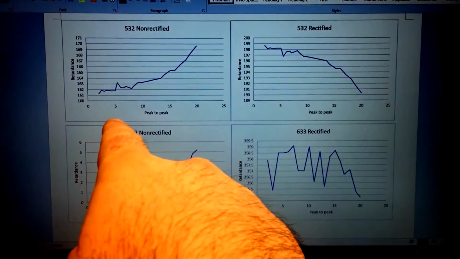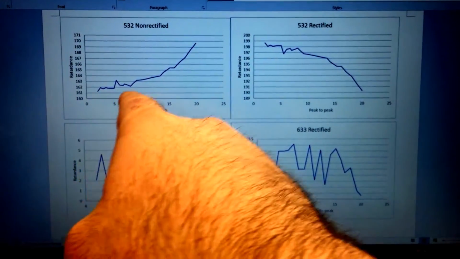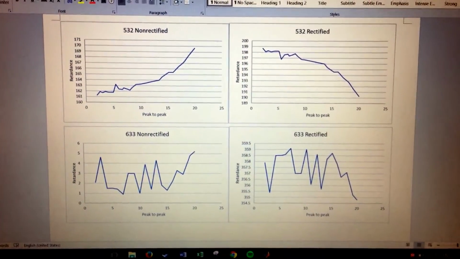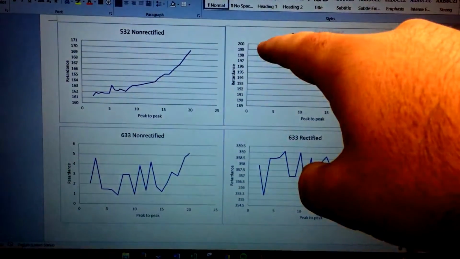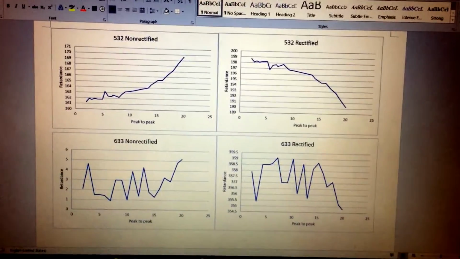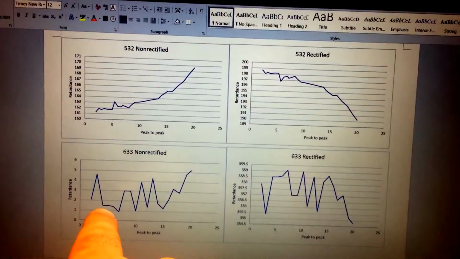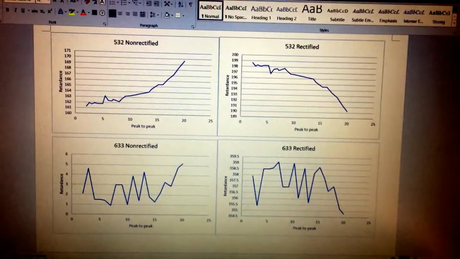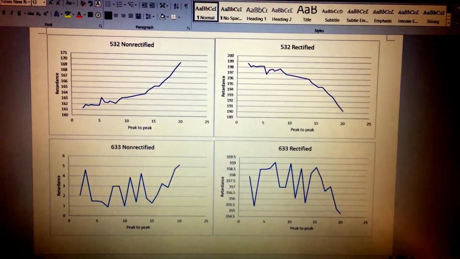As you can see, our 532 measurement had an increasing slope, which means we were likely in an area that had to be rectified, and once rectified we got the expected downward slope that we wanted. In our 633 we have very weird spikes and decreases. The rectification wouldn't change that, so they both look kind of the same.